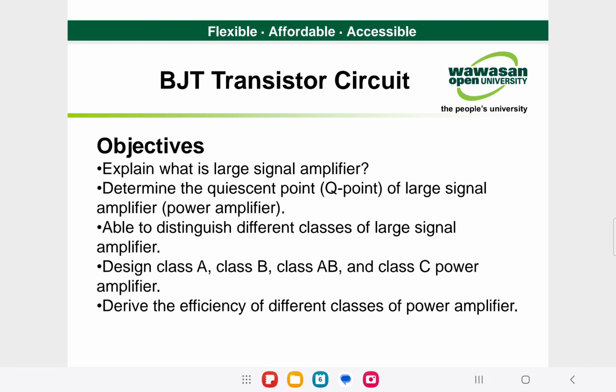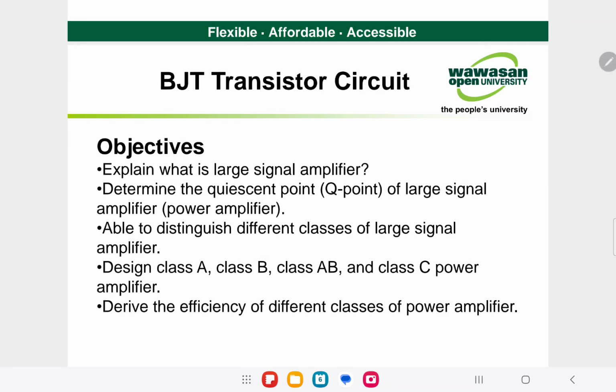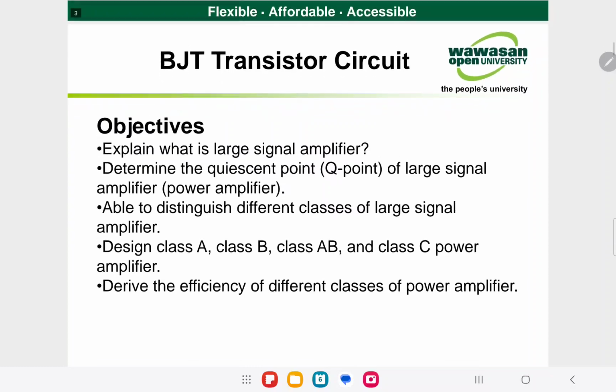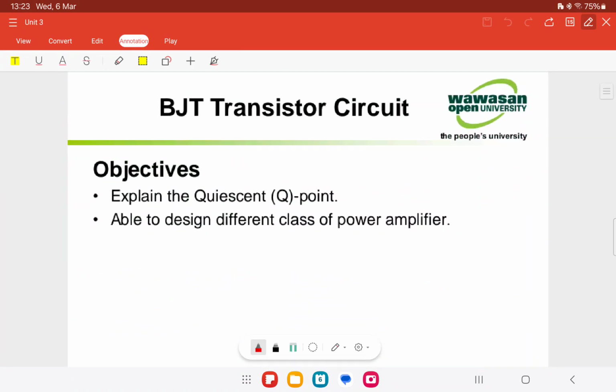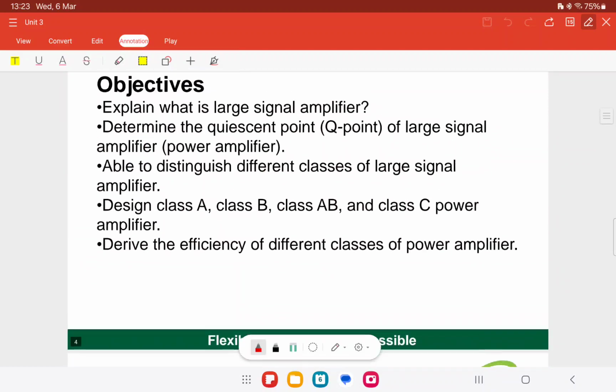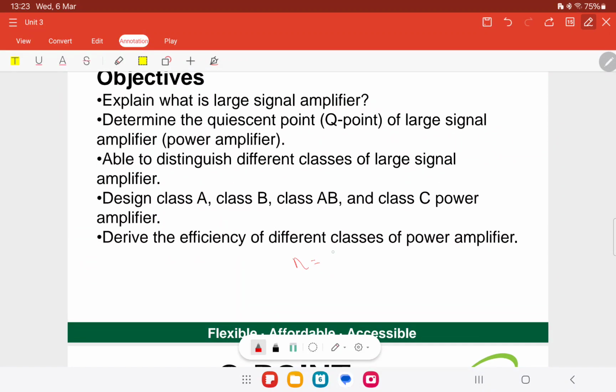We can get the power efficiency by using the formula: PAC over PDC, multiplied by 100, or PR over PDC, multiplied by 100. This is the efficiency for the power amplifier.